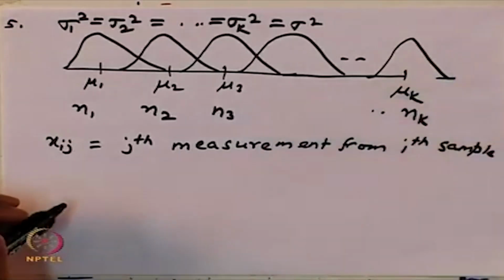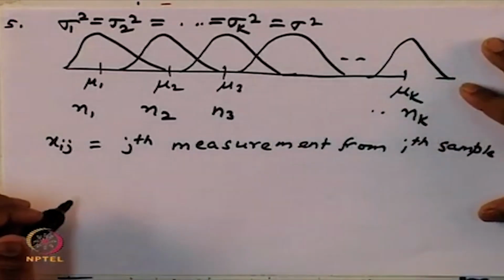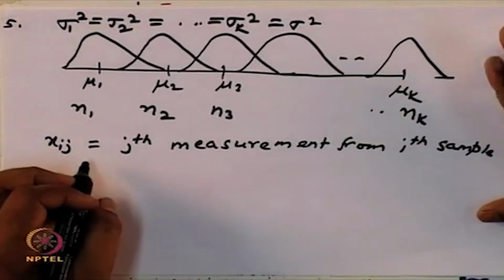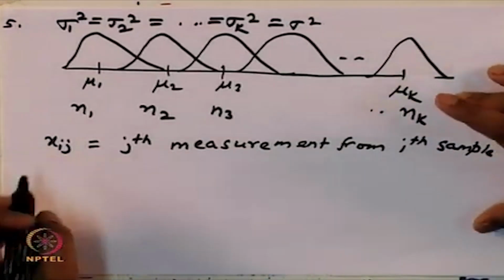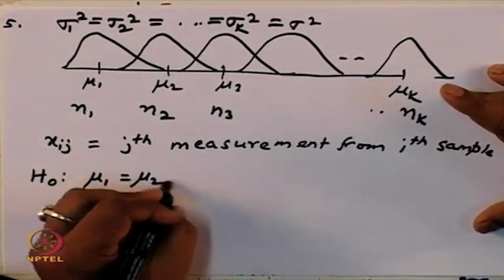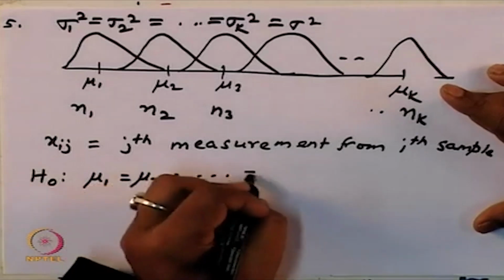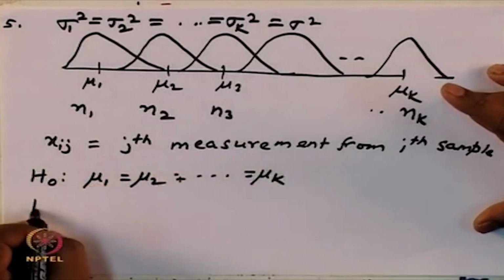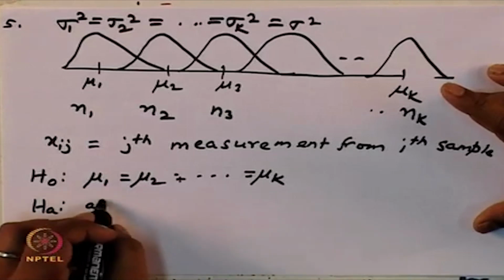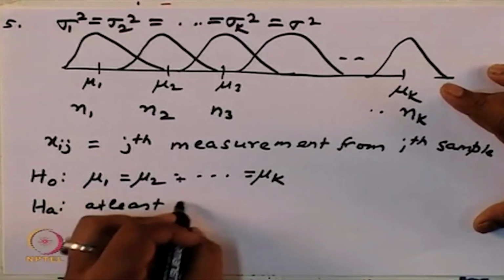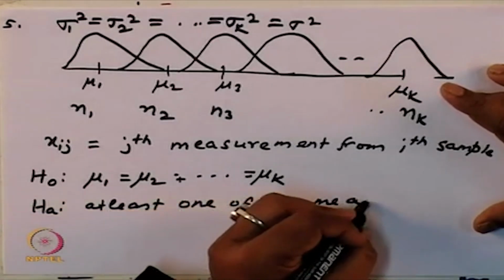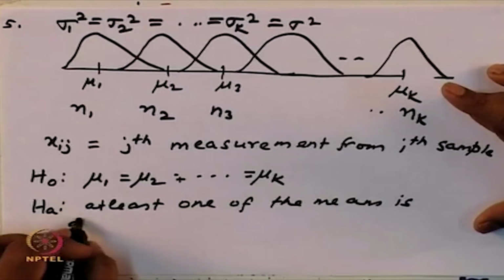Okay. So, you want to test the hypothesis that mu1 equals mu2 equals mu3, and so on and so forth. Your null hypothesis is mu1 equals mu2 equals mu k, and the alternate hypothesis is that at least one of the means is different.